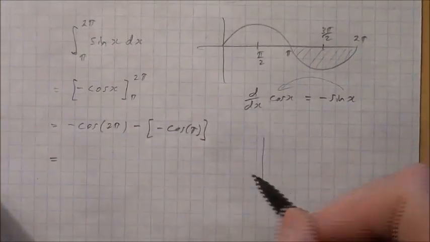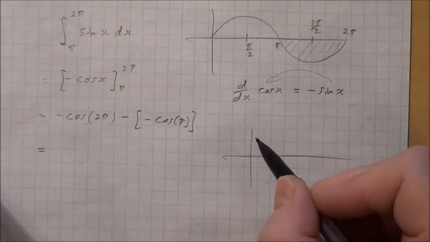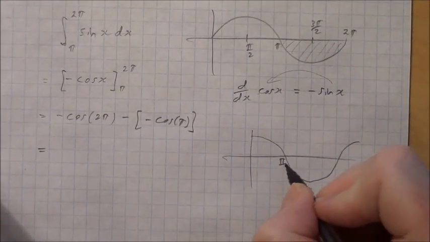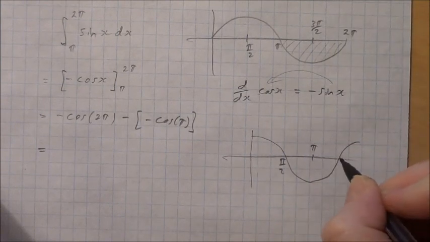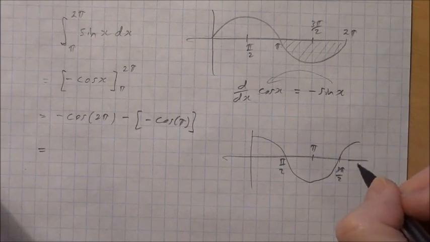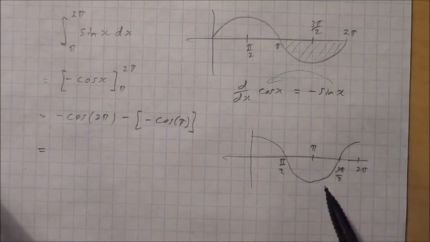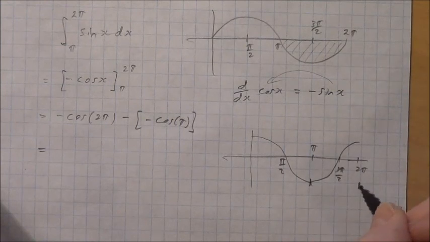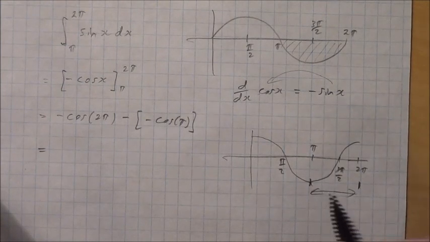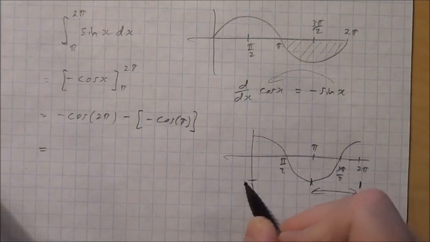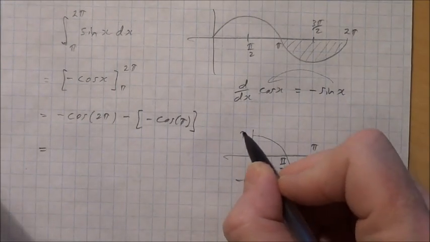Well, a quick sketch of cosine would never hurt. So cosine looks something similar to that. Here's pi by 2, here's pi, 3 pi by 2, and there is 2 pi. So we're going from pi to 2 pi. Here's negative 1, here's positive 1.